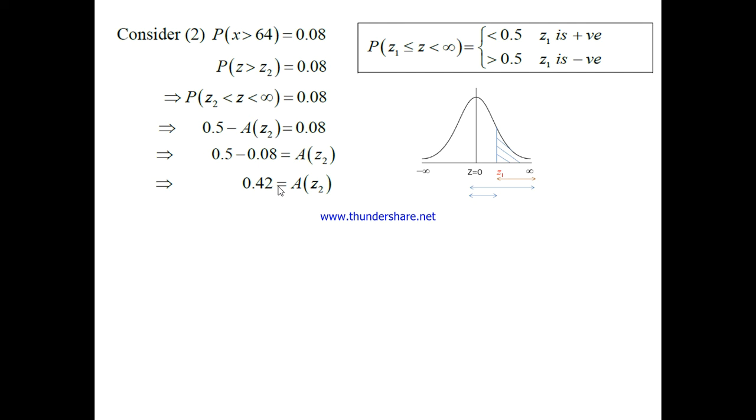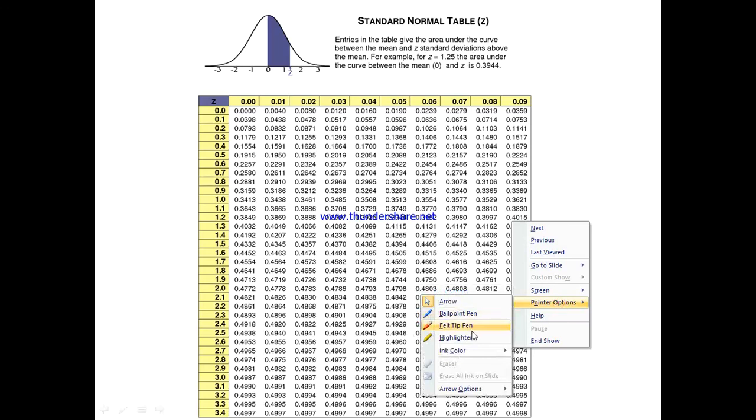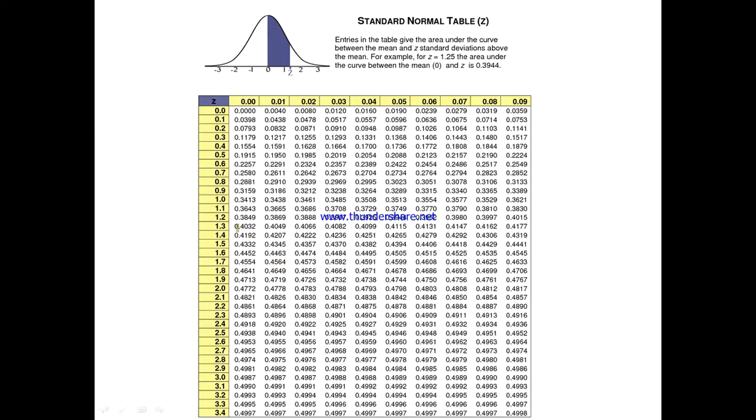And now to find this value of Z2, for which we'll get the area as 0.42, consider the table. Check where we can get 0.42. Here we have the value 0.4192, and here the value is 0.4207.